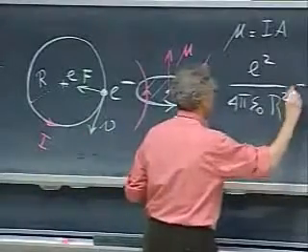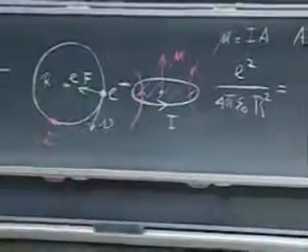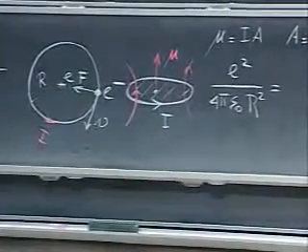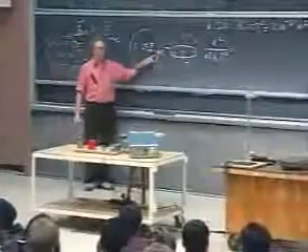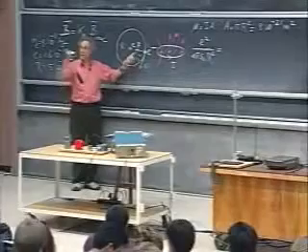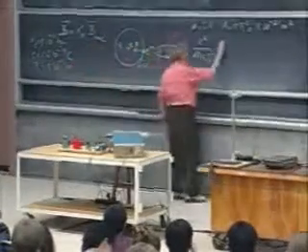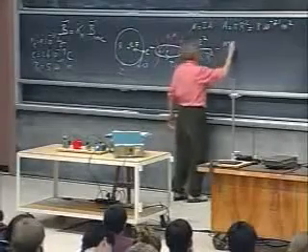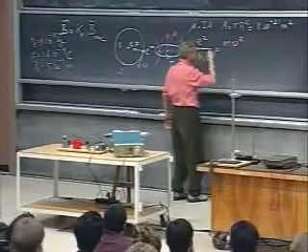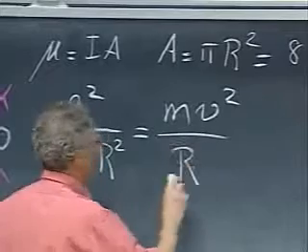So that's Coulomb's law. But from 8.01, from Newtonian mechanics, we know that this is what we call the centripetal force that holds it in orbit, so to speak, and that is m v squared, m being the mass of the electron, v being the speed of the electron, m v squared divided by r.